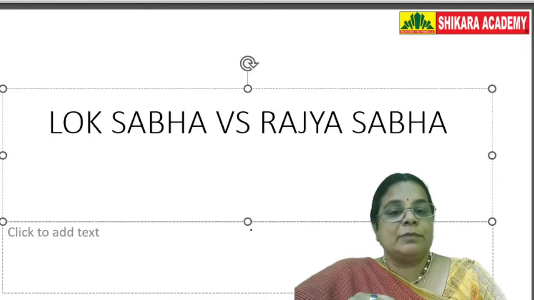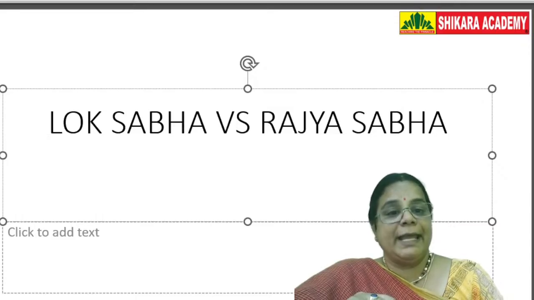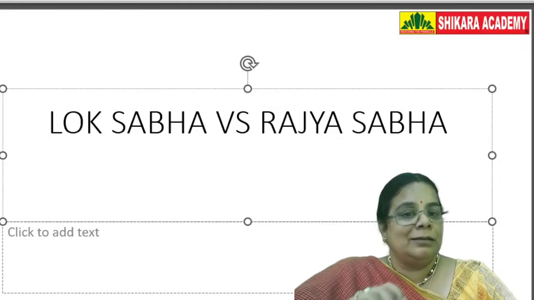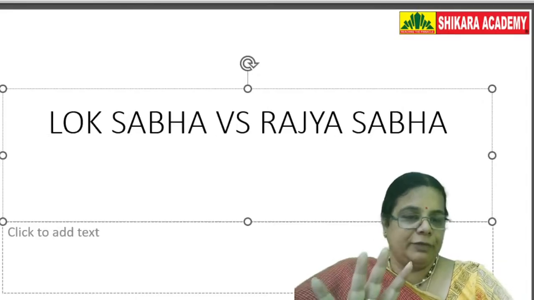And remember, Rajya Sabha goes for elections once in every 2 years, one third elected every 2 years. Whereas in Lok Sabha, please remember, it is a house which has tenure of 5 years.